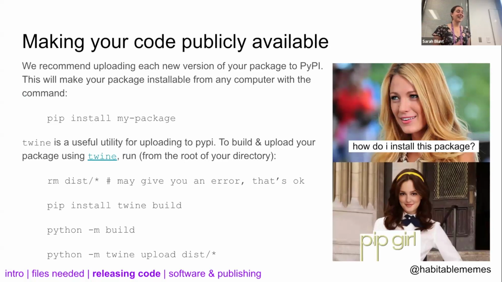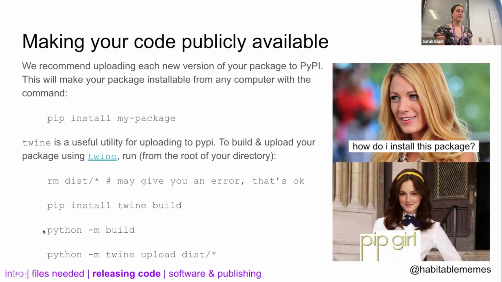So this is how you actually upload your code to PyPI and make it installable with this command, pip install, whatever your package name is. Twine is a really nice, useful utility for uploading to PyPI. What you do is go to the root of your repository and install Twine and build.